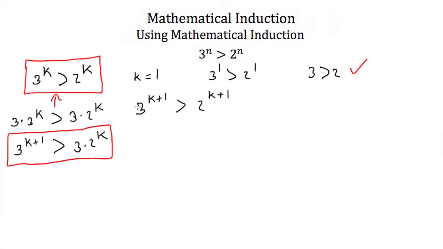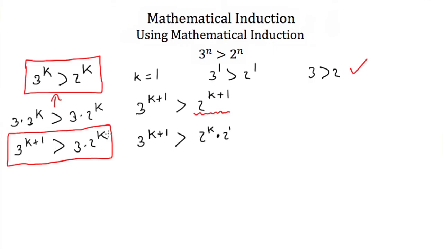Now if we go back to this k plus 1 equation here, where 3 to the k plus 1 is greater than 2 to the k plus 1, looking at this right-hand side, I can think of this as 2 to the k times 2 to the first power. I'm just breaking up this exponent, which means 3 to the k plus 1 has to be greater than 2 times 2 to the k.